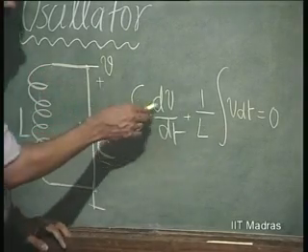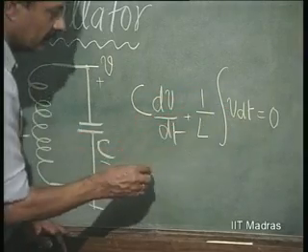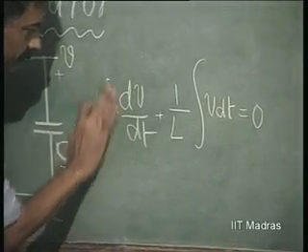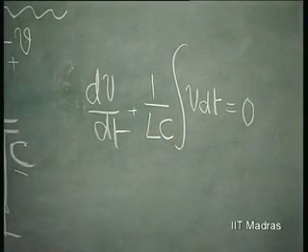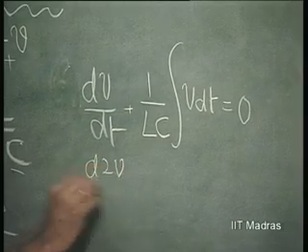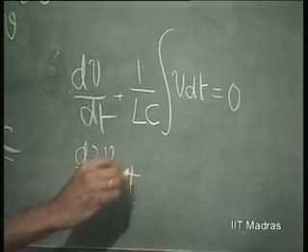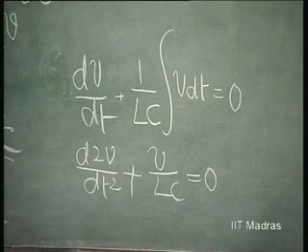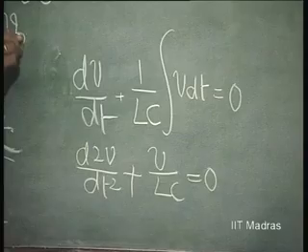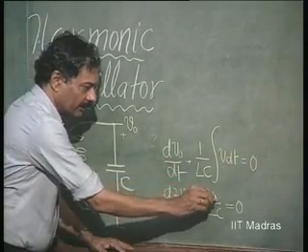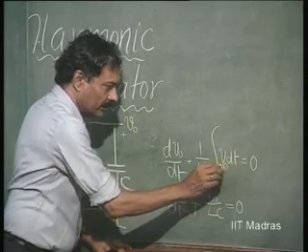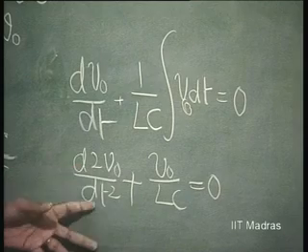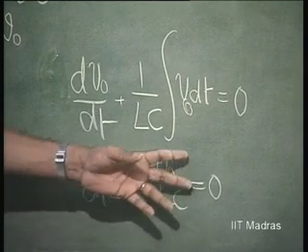So from that, C dV by dt plus 1 over L integral V dt is equal to 0, or we can write this as d squared V by dt squared plus V by LC equal to 0. This is the same equation that we get. Let us call this V naught, so that we are consistent with our symbol used in state variable filter. So you get the same equation, d squared V by dt squared plus gamma V naught equal to 0.